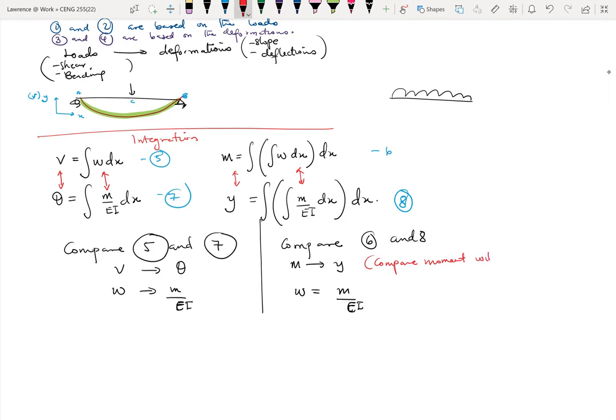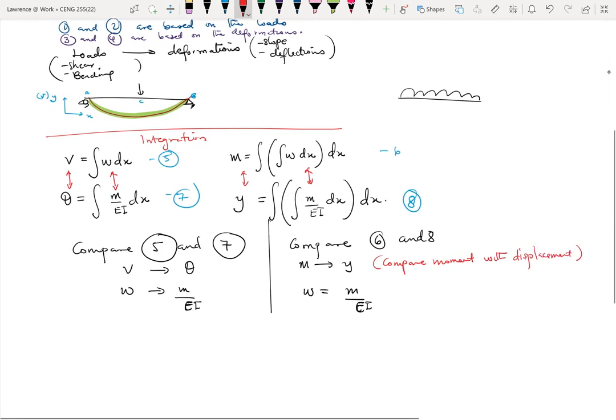Moments with displacement or deflections. And then this one, we compare shear with slope.